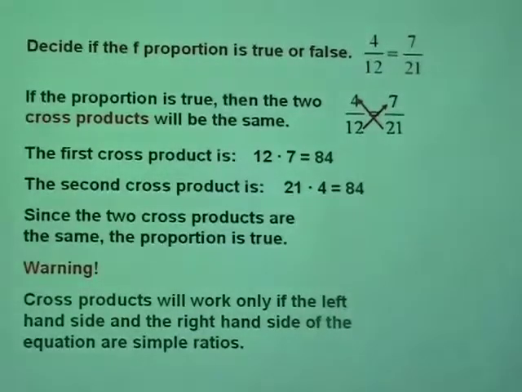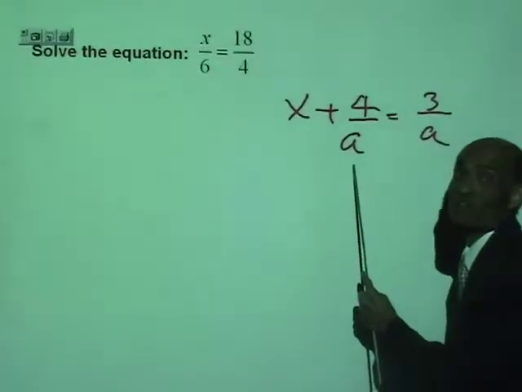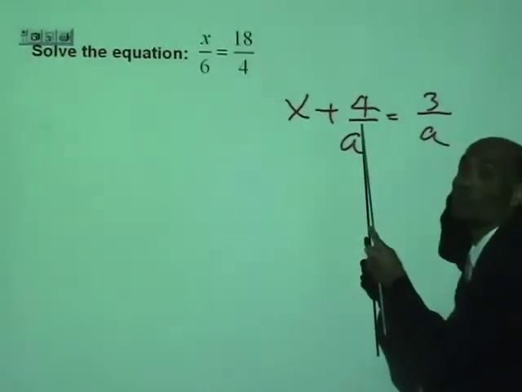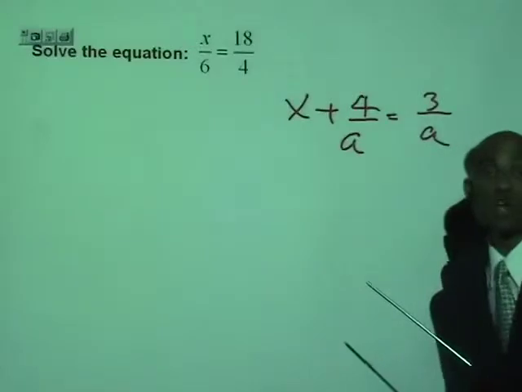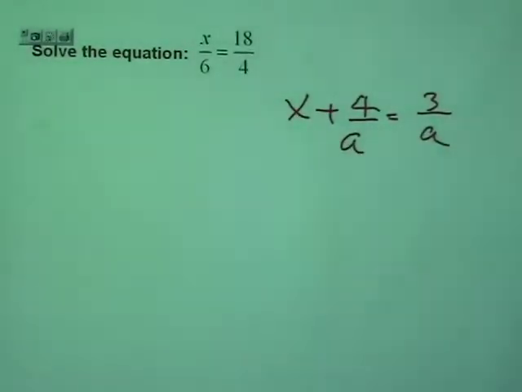For example, if I have x plus 4 over a equal to 3 over a, well, the left hand side is not a simple ratio. It contains two terms. You cannot use cross product in such a case. Alright? Be careful about that. Let's move on.